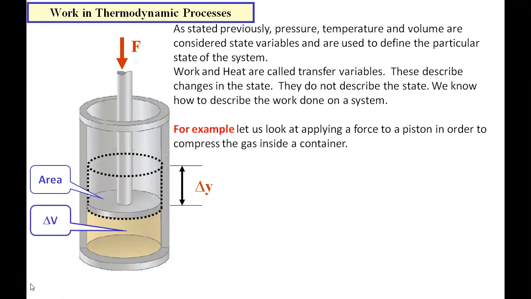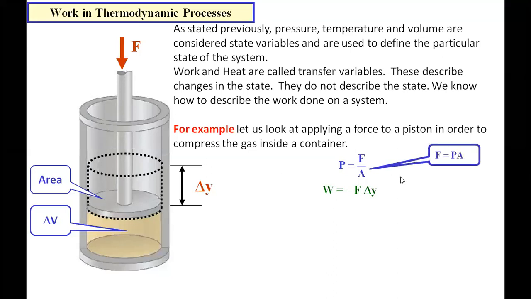Also we have delta V, the volume of the gas. We know that the work equals minus force times delta Y, and the pressure is the force over the area, so the force in this case equals the pressure times the area.